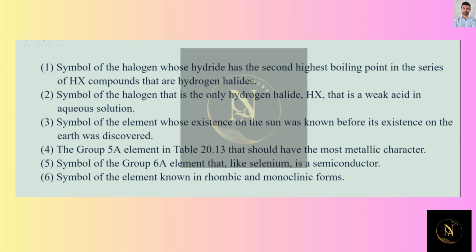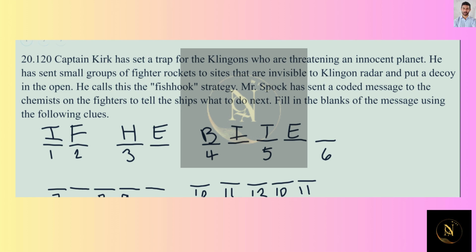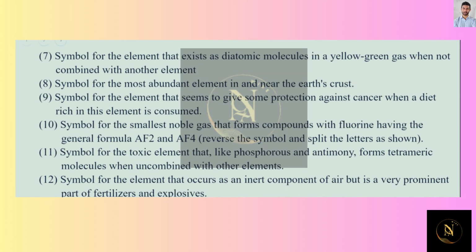And our sixth clue is the symbol of the element known in rhombic and monoclinic forms. So rhombic and monoclinic refer to forms of sulfur. So our next word is bites. So if he bites. Our seventh clue is the symbol for the element that exists as diatomic molecules in a yellow-green gas when not combined with another element.